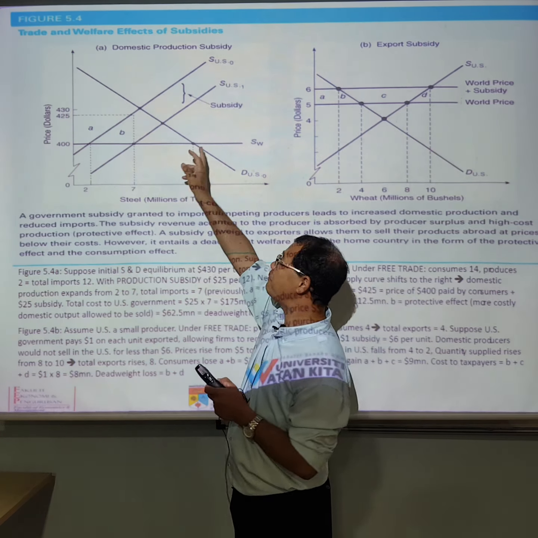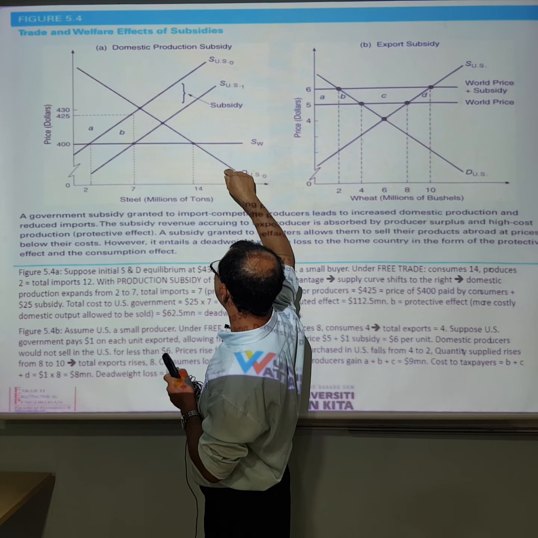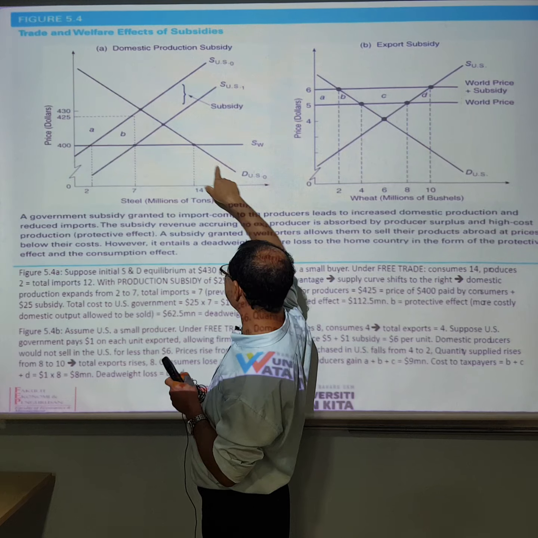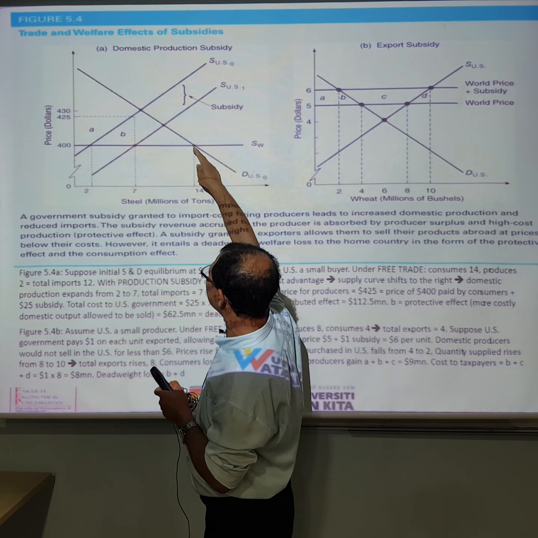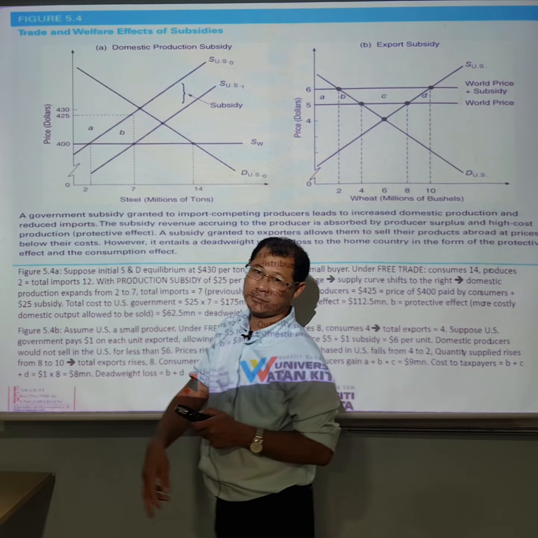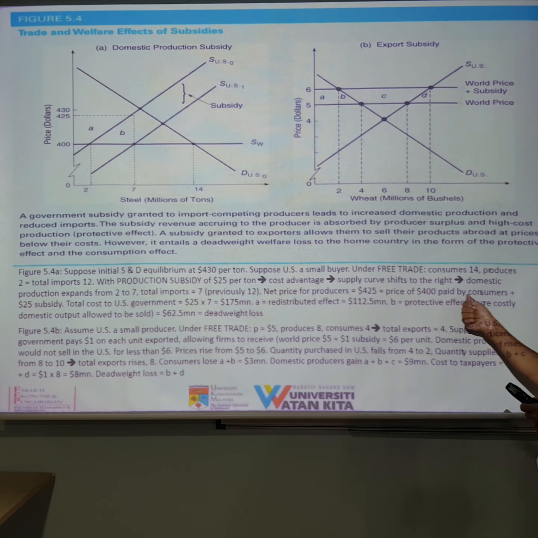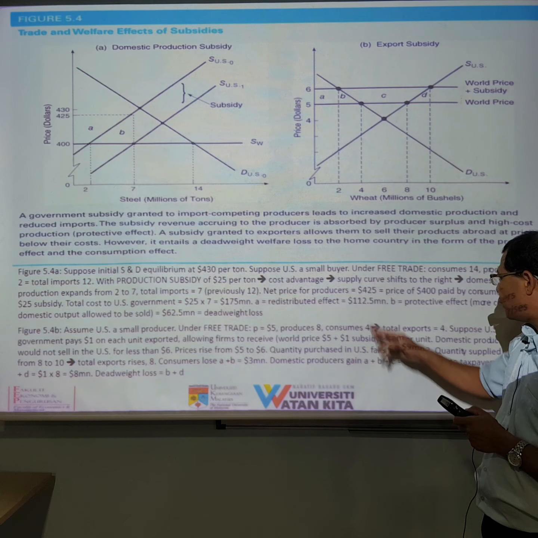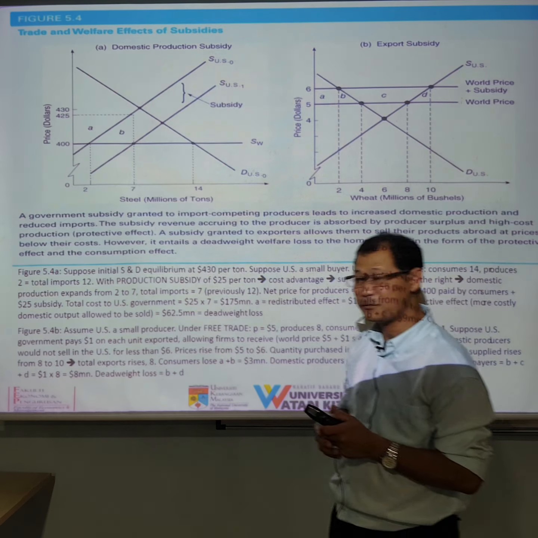Consumers still pay 400 because this is the relevant intersection, world price and the consumers' demand. So 400 paid by consumers plus 25 by the subsidy, 425.